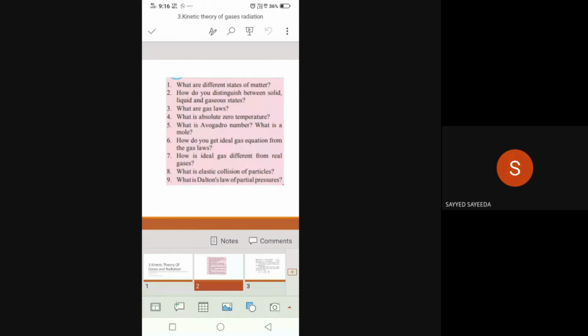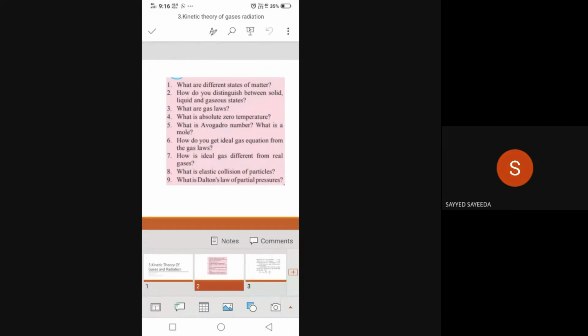They have different motions, different velocities in different directions. That's why liquid doesn't have a definite shape. Liquid occupies the shape of the container in which that liquid is kept.